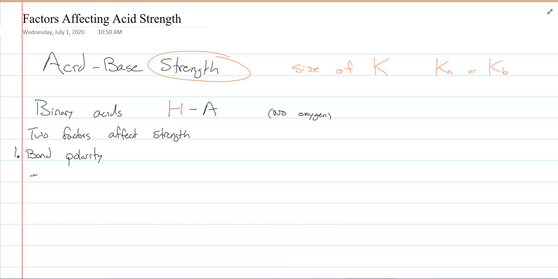Increased bond polarity equals more acidic.